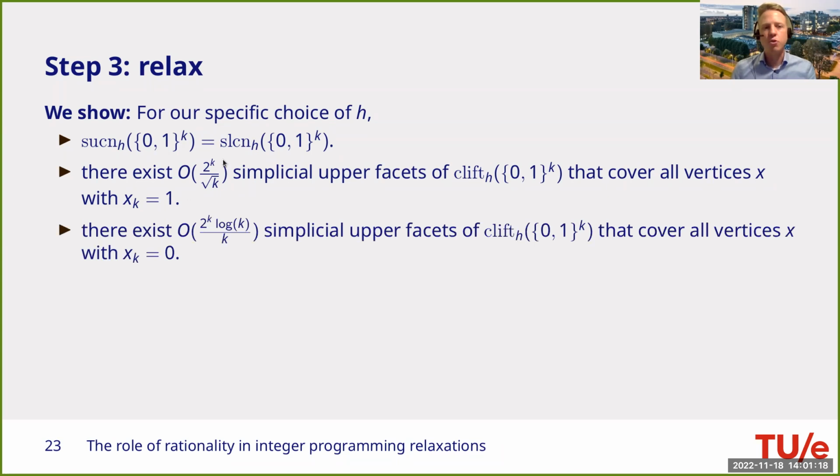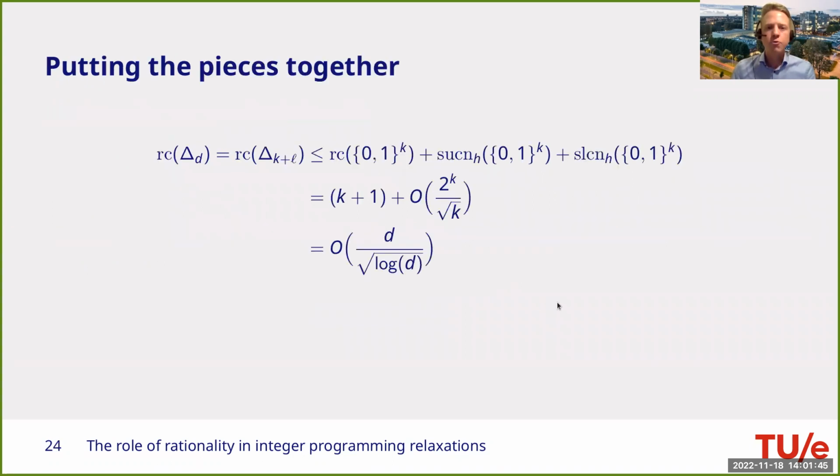And with a related problem, we can also show that we can cover the points with a 0 in the last coordinate by sufficiently few simplicial facets. And by combining these results, this shows that the upper covering number of the hypercube with respect to our specific choice of the height function is upper bounded by a big O of 2 to the k divided by the square root of k.